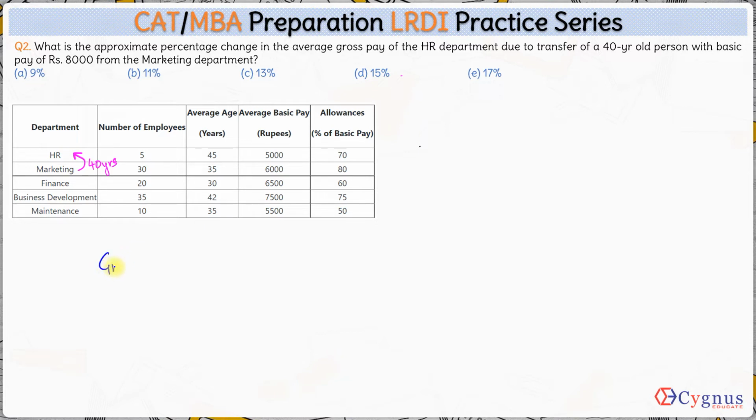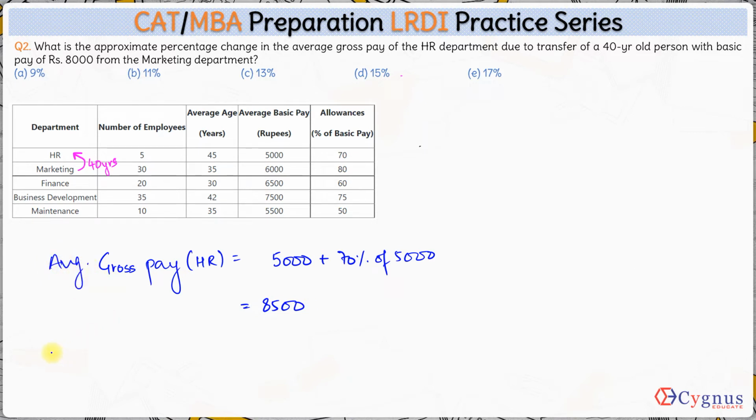So gross pay for HR department currently will be, basic pay is 5,000 plus every person receives 70% of 5,000. 70% of 5,000 will be 3,500. So this becomes 8,500. So this is the average gross pay for the HR department.